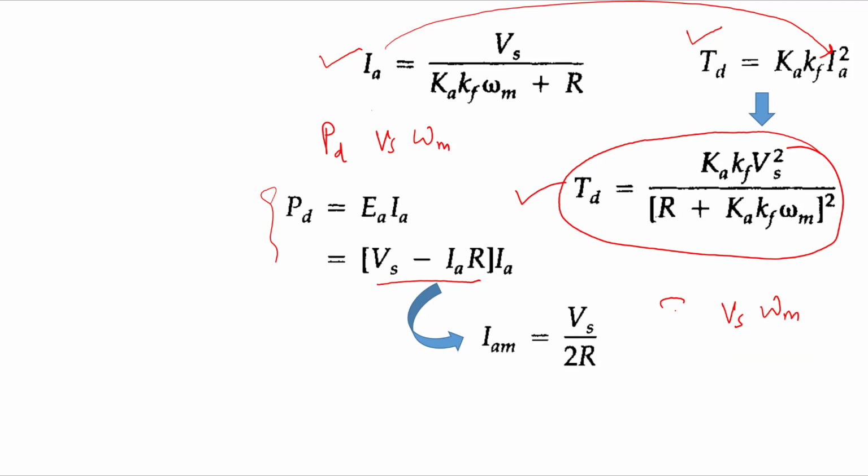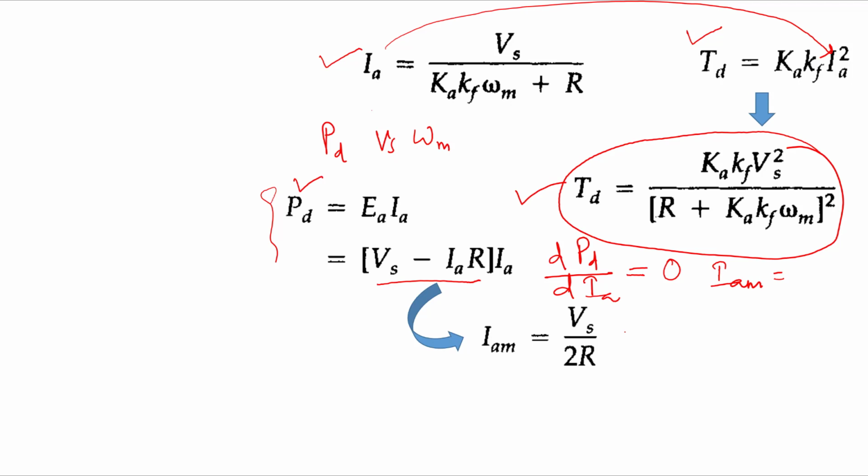Then I need to find the maximum point where the maximum of PD will occur. How will I find it? Just by taking the derivative of PD with respect to Ia and equating to 0, I will find the current where the maximum value of PD will occur.